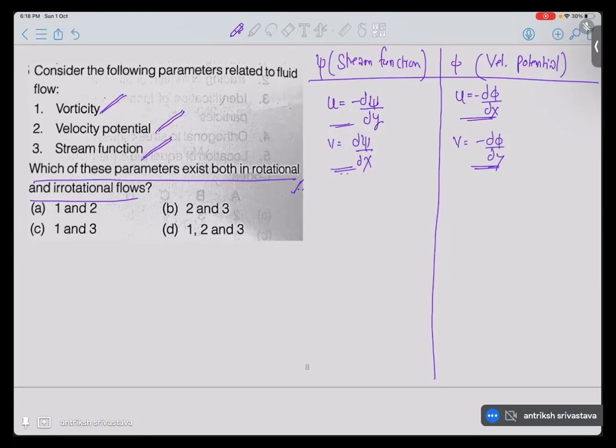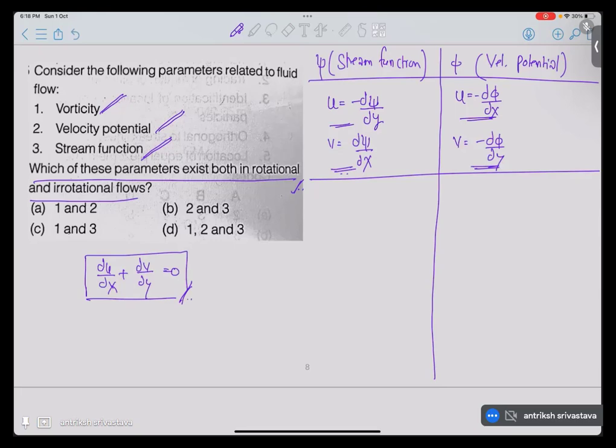Now, what is this equation, if I may ask? What is this equation called? What do you guys think this equation is? Euler's equation. What is the more commonly known name for this equation?